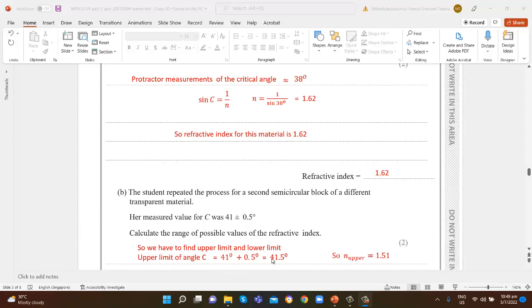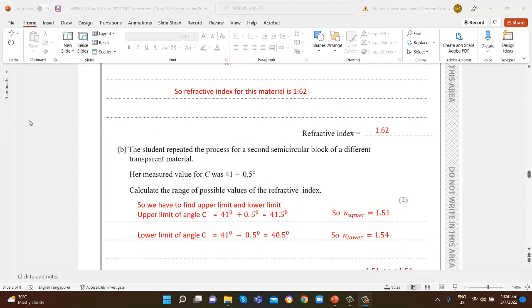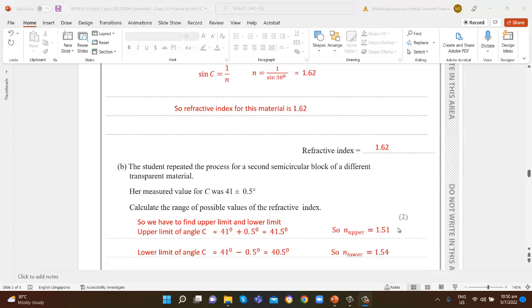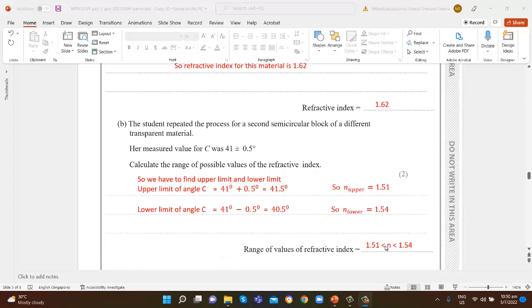When you see plus or minus here, you can get two angles: 41 plus 0.5 and 41 minus 0.5. You have an upper limit and a lower limit. So you get both limits, and you can calculate like the previous way. It is 1.51 and 1.54. And it lies between these.